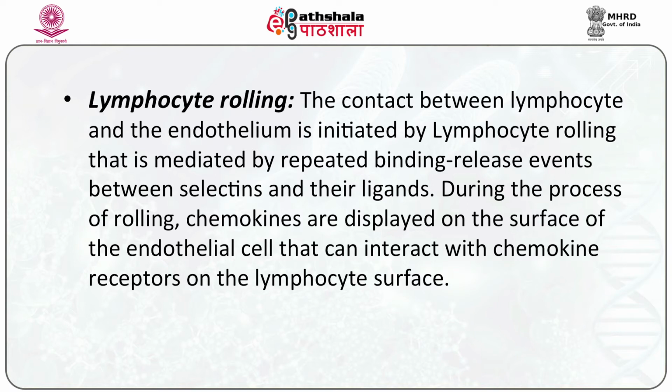Lymphocyte rolling, that is the contact between the lymphocyte and the endothelium, is mediated by repeated binding and release of the events between selectins and their ligands. During the process of rolling, chemokines are displayed on the surface of the endothelial cells that can interact with the chemokine receptors on the surface of the lymphocytes.